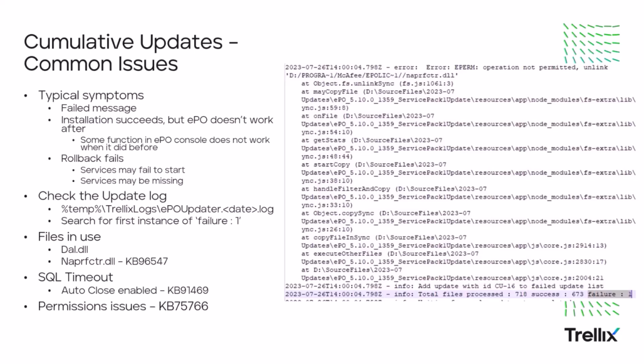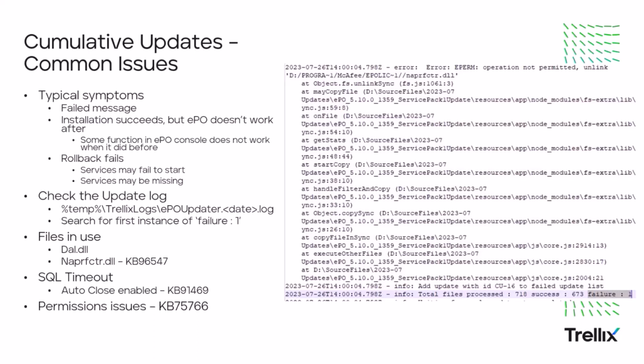And then finally, another common issue that we see is permissions. When you're using EPO, you have an account for SQL, an account inside EPO on the core config page that's actually used to connect to SQL. Normal everyday navigation of EPO doesn't require as high-level permissions as an update or an upgrade might require.